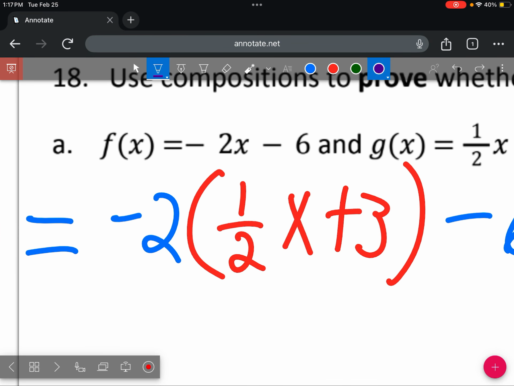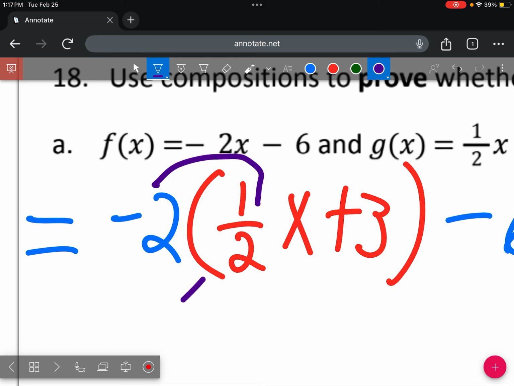-2 and +1/2 are actually opposite reciprocals, which, by the way, is what your perpendicular lines are. That's the relationship they have with their slopes, opposite reciprocals. So what's -2 times 1/2? -1.